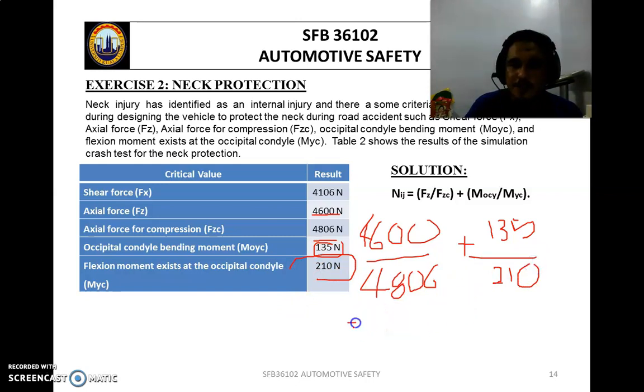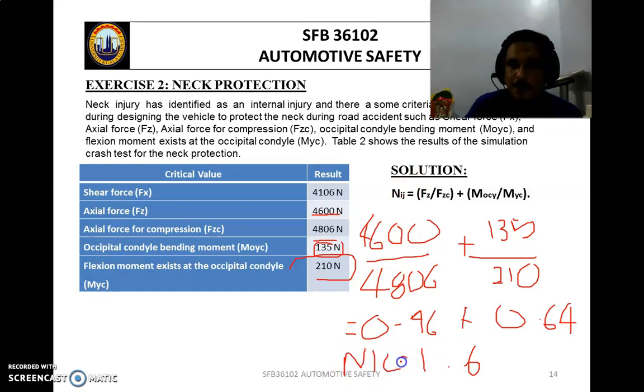The result is 0.96 plus 0.64, so the NIJ result is 1.6. What can we conclude here?